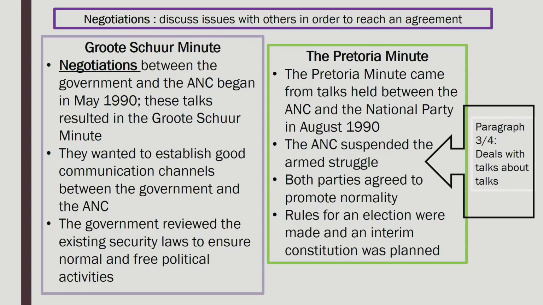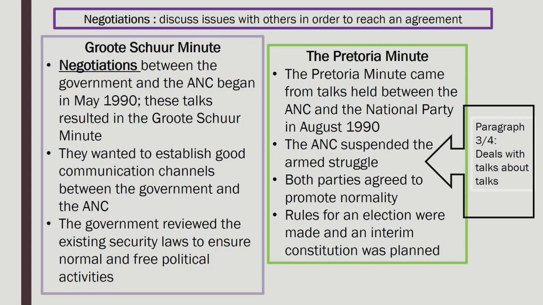There are 2 minutes that you need to speak about, one being the Groote Schuur minute, the other one being the Pretoria minute. I often tell my learners in class that the Groote Schuur minute and the Pretoria minute are talks about talks. It's discussions that are had and negotiations that are had in the ultimate build-up to the bigger negotiations that can take place, namely the CODESA talks.